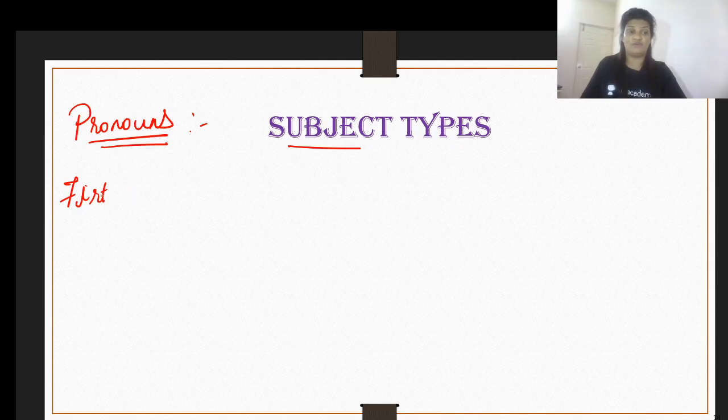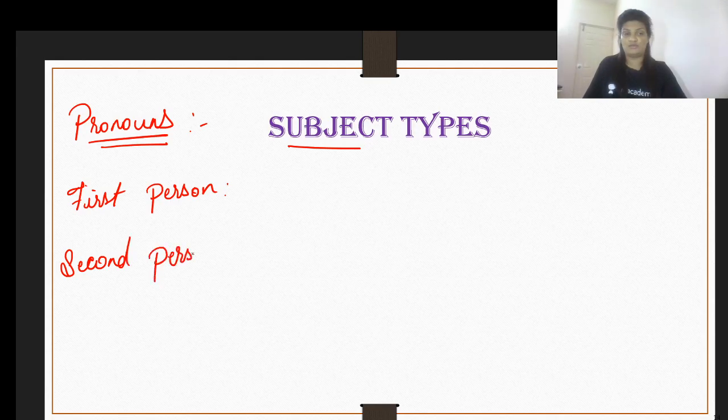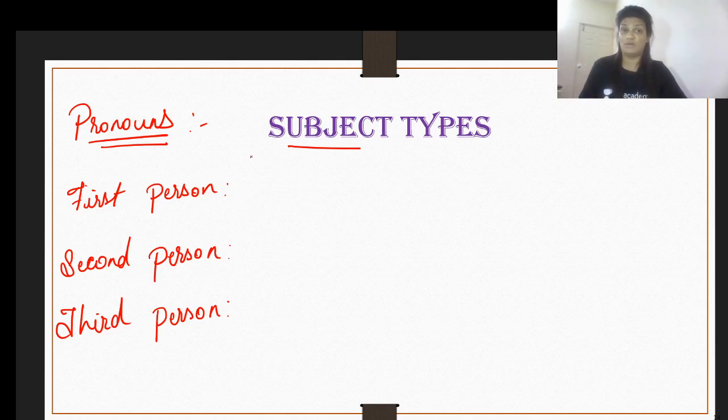We have first person pronoun. We then have second person pronoun. We then have third person pronoun. Well, who is referred to as first person? First person is the one who is talking.